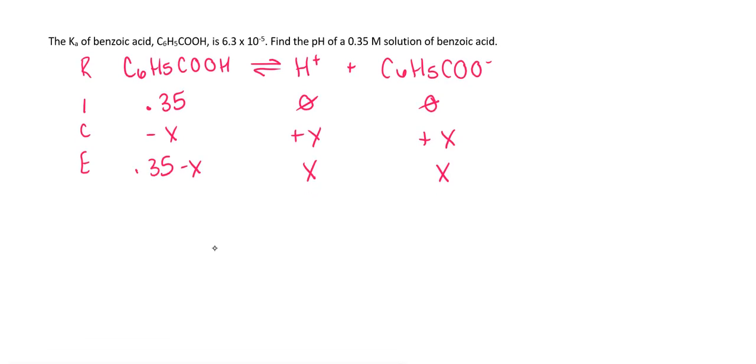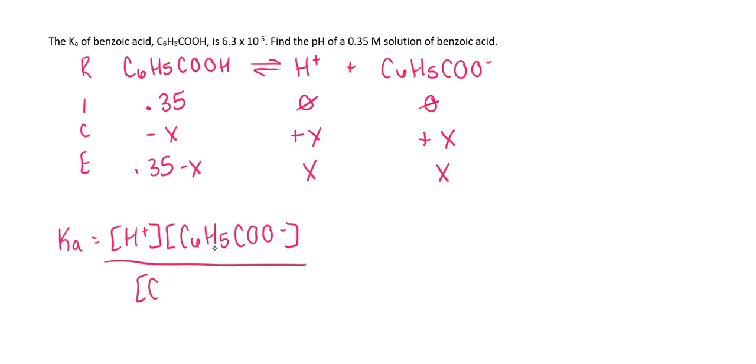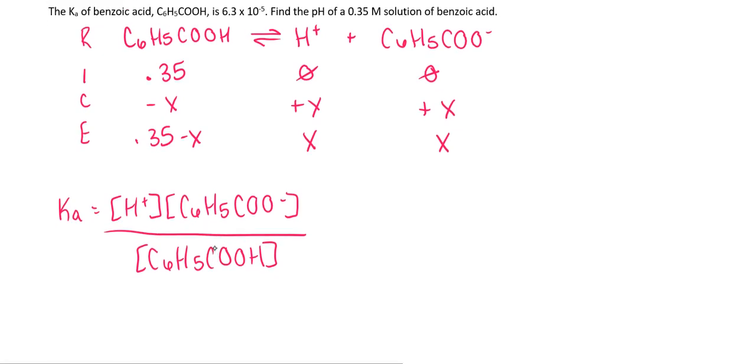Alright, next step is to solve for X. So for the previous problems, we used the pH to solve for the concentration of hydrogen ions. We don't have the pH. So what we want to do is write a Ka expression and then work backwards to solve for X. And we can plug in what we know.